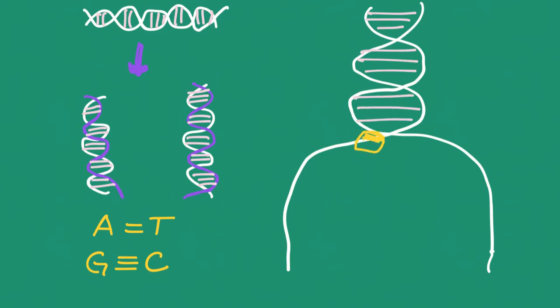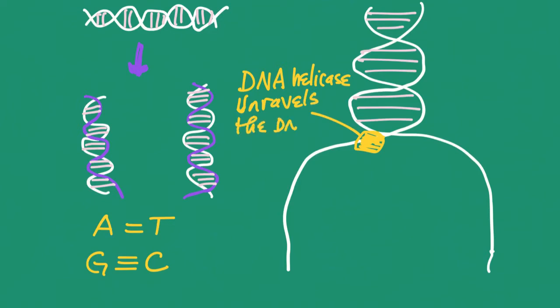In order for DNA replication to take place, the DNA helix must unravel. The enzyme DNA helicase helps to unravel the DNA so that replication may begin. Once the strands have been separated, the nucleotides can be added one at a time depending upon the sequence of the original strand.